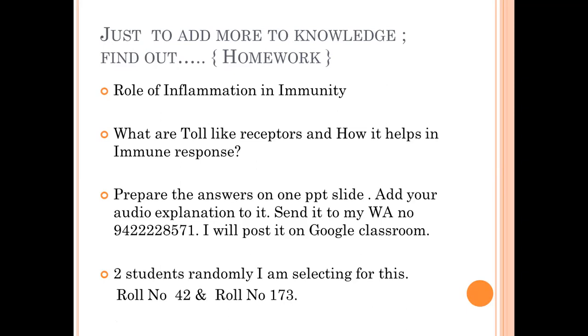Roll number 42, choose either question, and roll number 173, choose either question. Try to write the answers on one PowerPoint slide, add the audio explanation, and send it to me on WhatsApp. If you have any difficulty in writing or finding the answers, you can call and ask me.